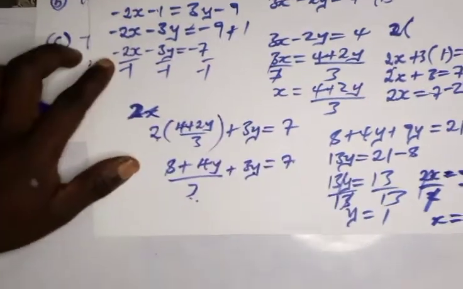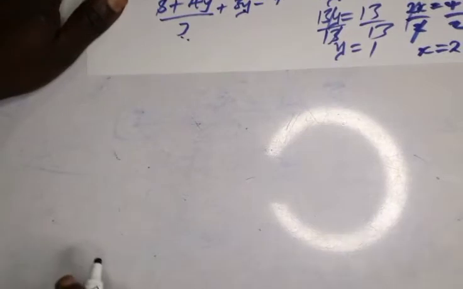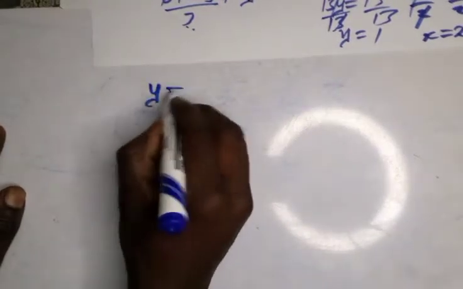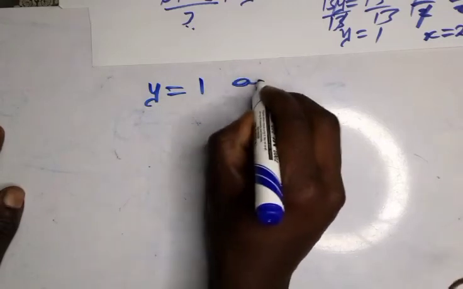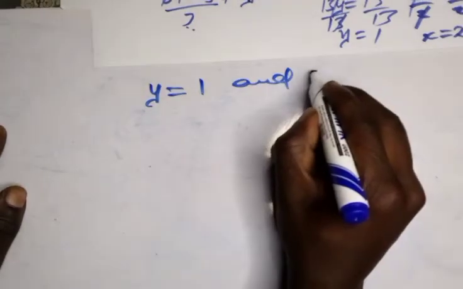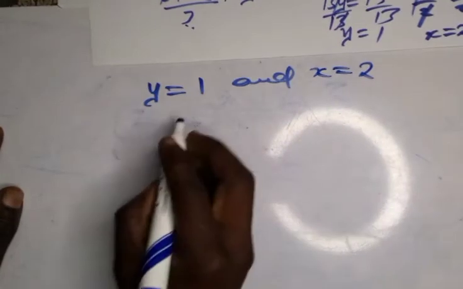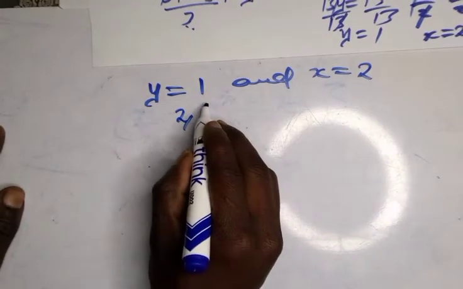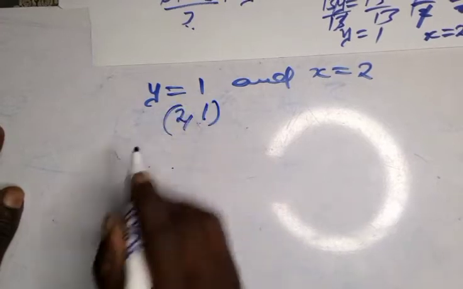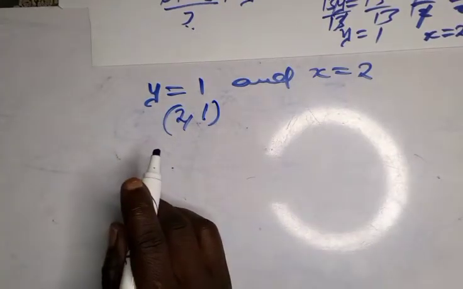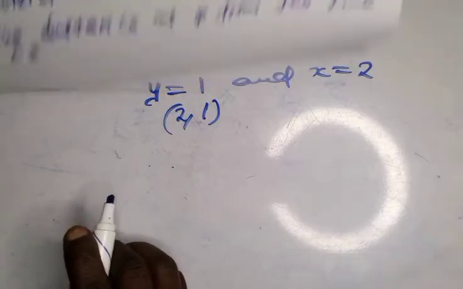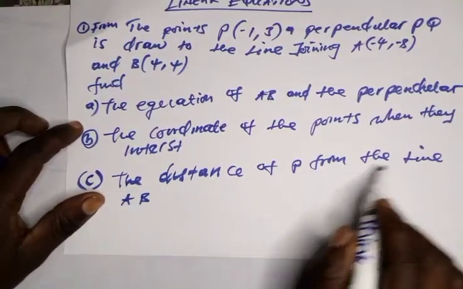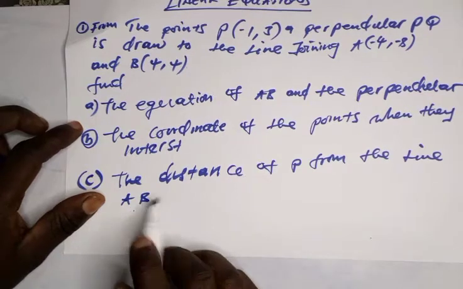So we have found the point: y, we have found that it is 1, and x it is equals to 2. So our coordinate will be 2, 1. So this is our coordinate that we have to find. The distance of P from the line AB.